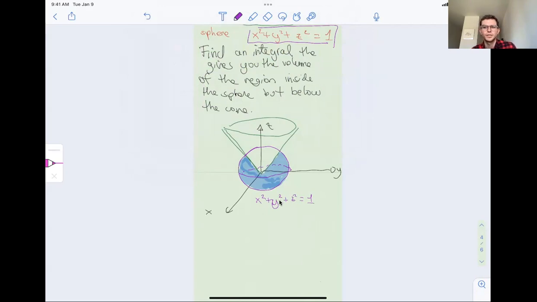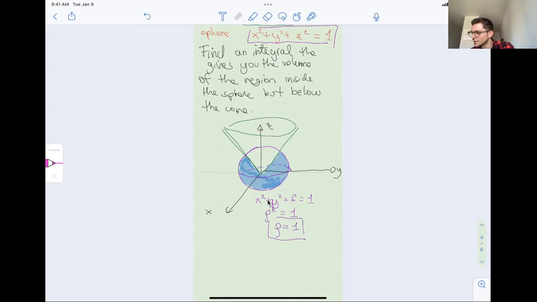So how is this equation of the sphere in spherical? What does it become? Rho squared, yes. So it gives you rho squared equals 1 or rho equals 1. So that's the equation of the sphere, right?